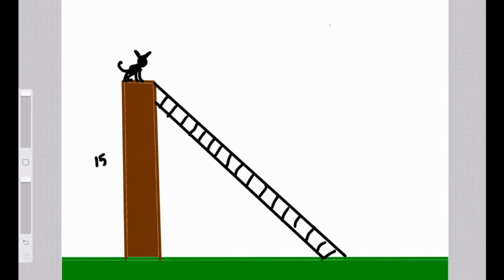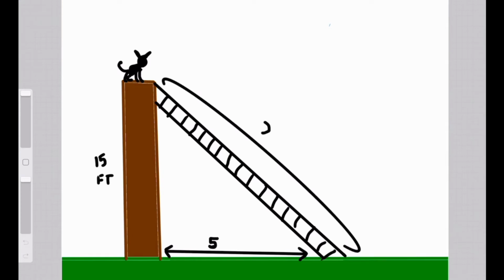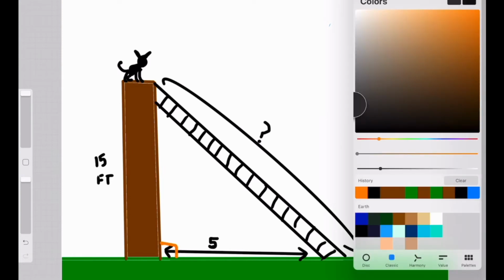So we should know that the height of the bookshelf is 15 feet, and the length from the bookshelf to the start of the ladder is going to be 5 feet. So using this information, we need to find how long the ladder needs to be in order to save the kitten. So this is a right triangle.